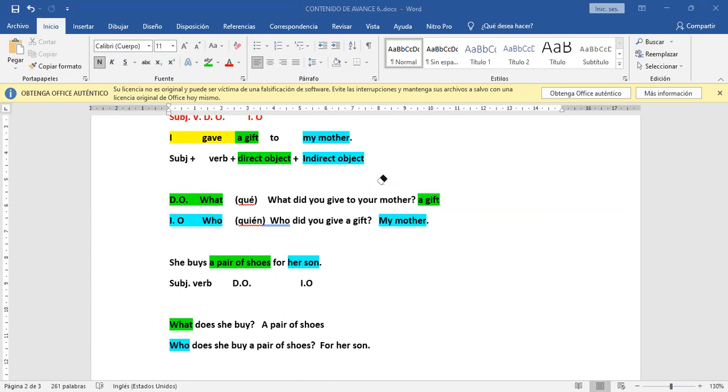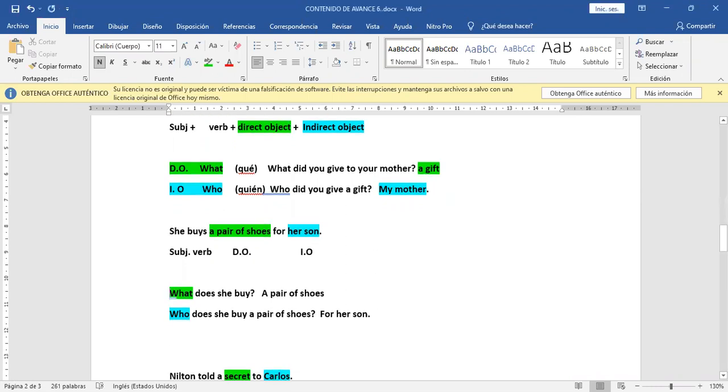Now let's continue talking about this. There is another structure to organize direct objects and indirect objects. There is another form, another way, otra forma. Okay? How? I gave a gift to my mother. Now I can do it in this way.